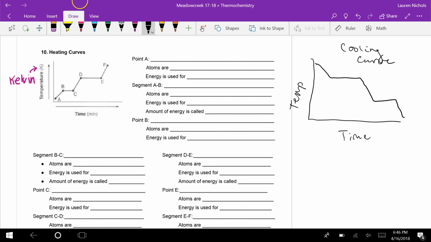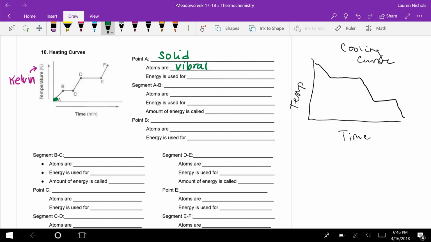So you need to be familiar with both. So what we're going to do is spend a few minutes going over each part of this graph. If we look at point A on the graph, right here where that green dot is, at point A, the atoms are solid. So you have a solid there. Atoms are vibrating slowly.